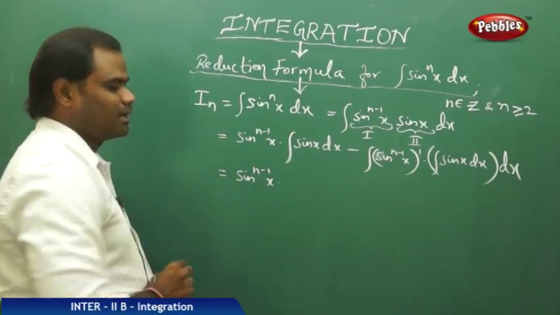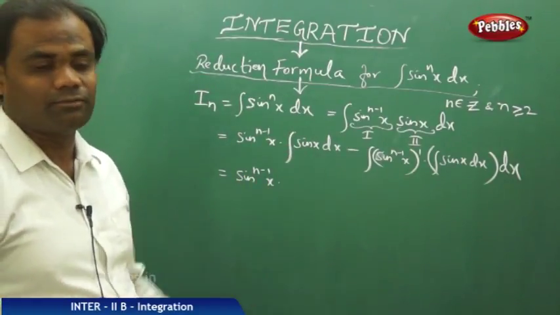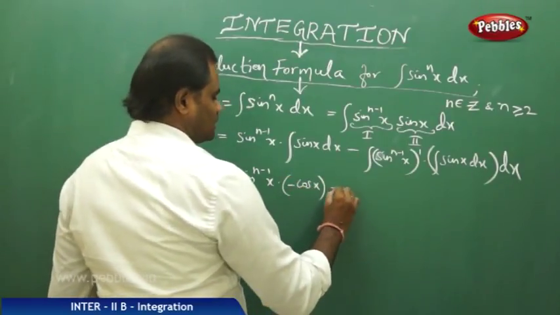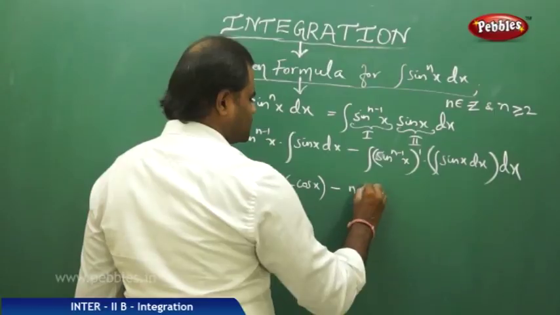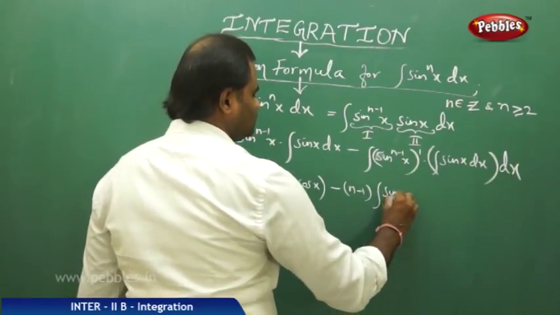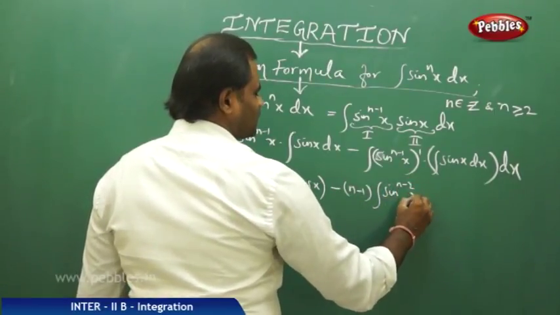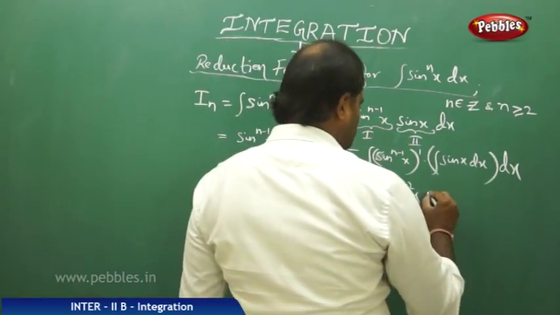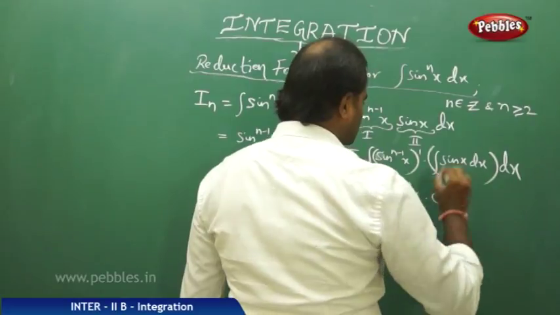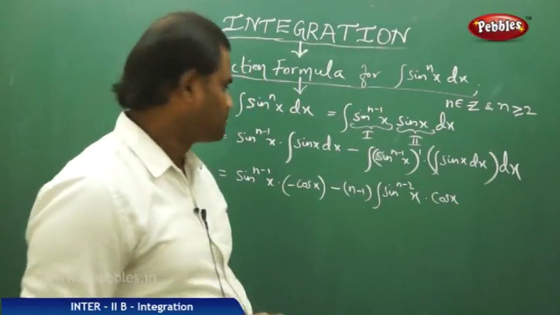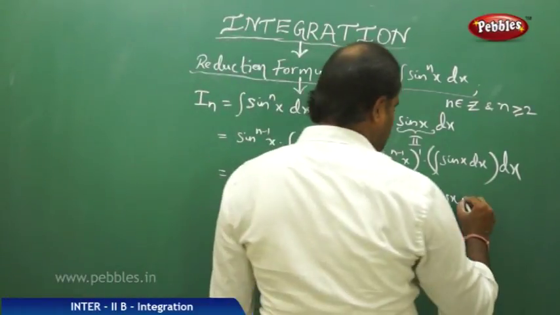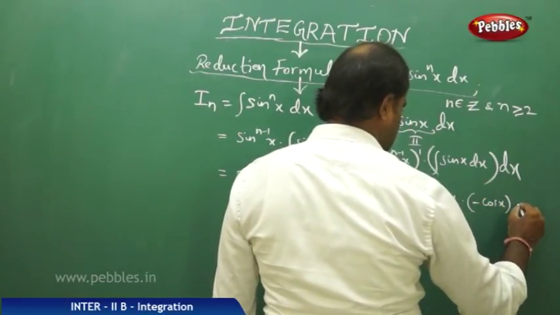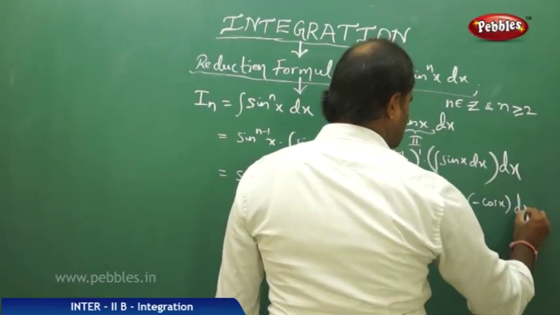Thus, on further simplification, it reduces to sine power n minus 1 x, and the integral of sine x we know by the standard formula is minus cos x, minus the derivative of this, which is n minus 1 into sine power n minus 2 x into the derivative of sine x, which is cos x, using the chain rule, and then the integral of sine x, which is minus cos x dx.